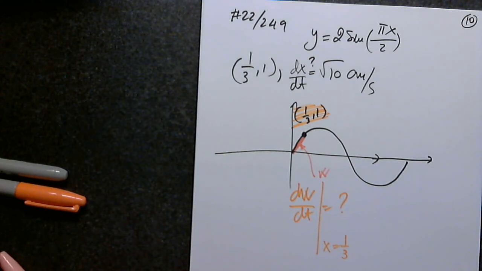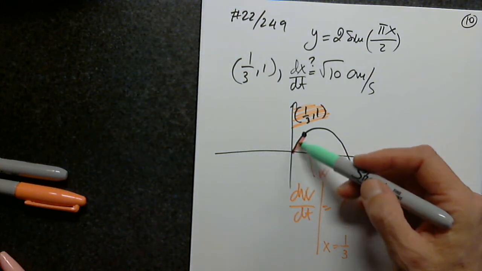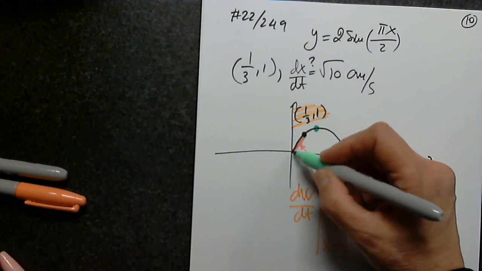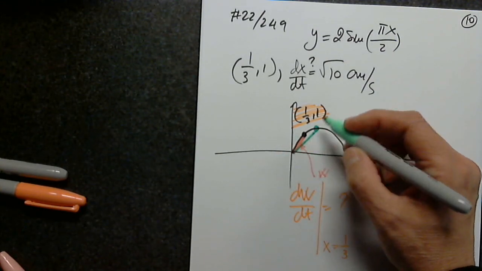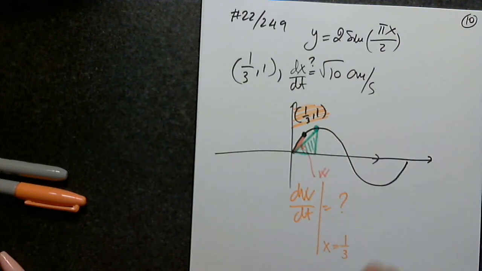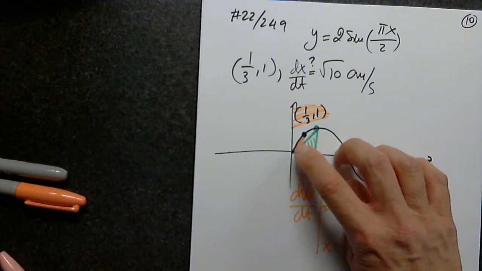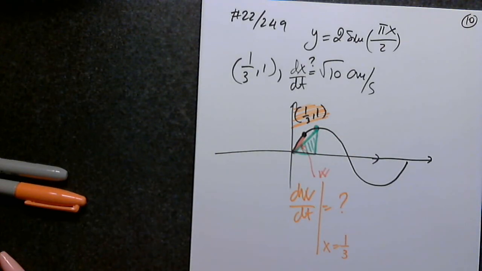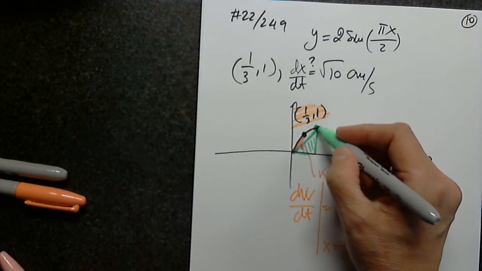So let's think for a moment. So you cannot connect these two. You have to say the particle is anywhere. This is the W. And here's my hint. So we're asked to find dW over dt. And I know that this point has two coordinates.